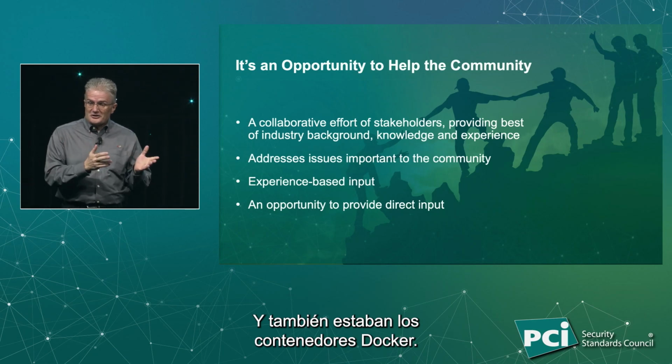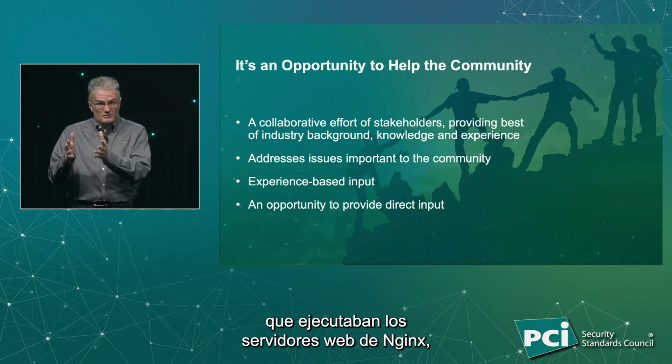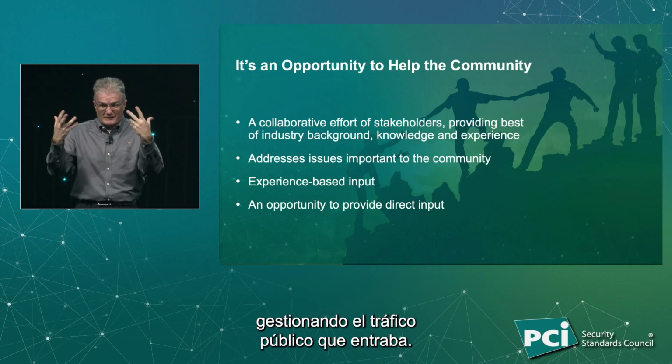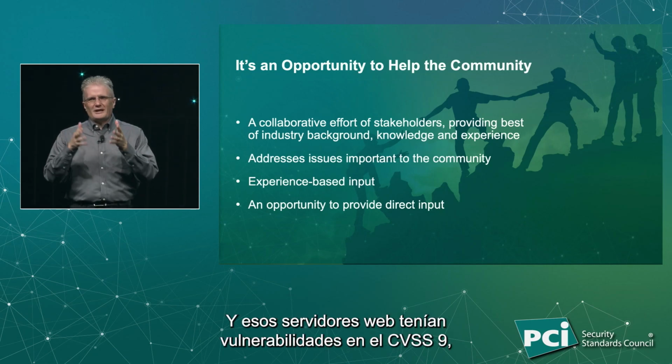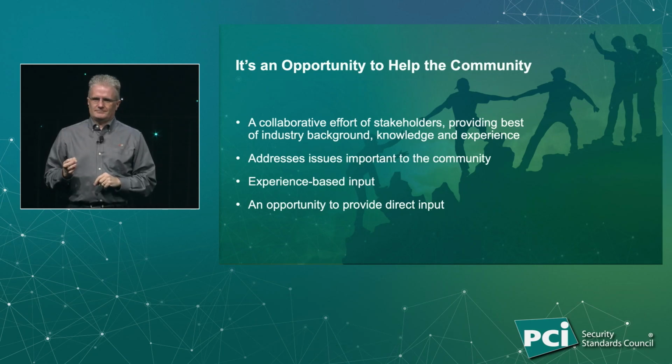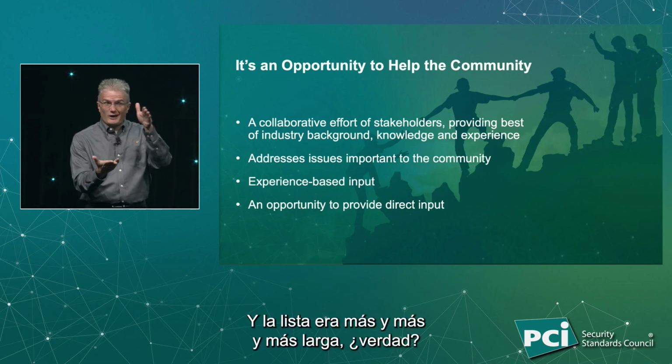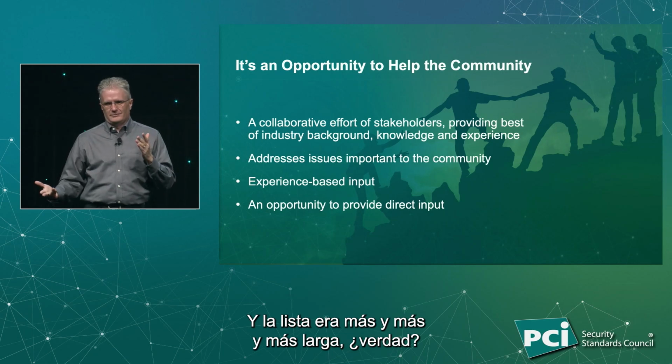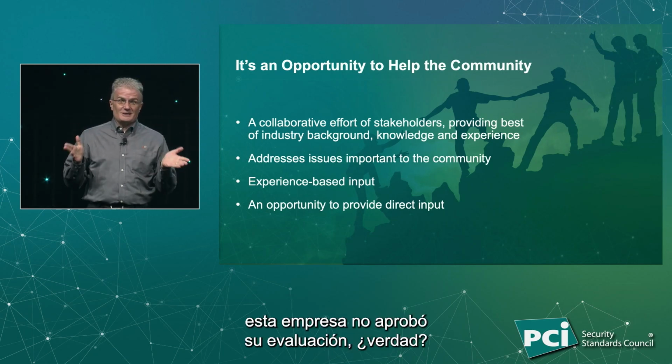Other Docker containers were running Nginx web servers, handling the public traffic coming in, and those web servers had CVSS 9 vulnerabilities, and they were running as root. The list just went on and on, right? Needless to say, this company did not pass their assessment.